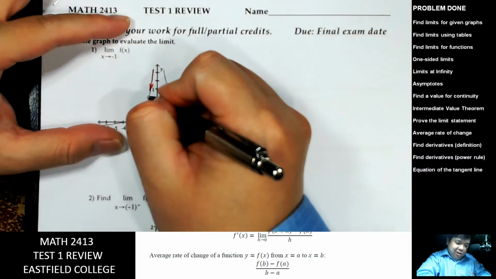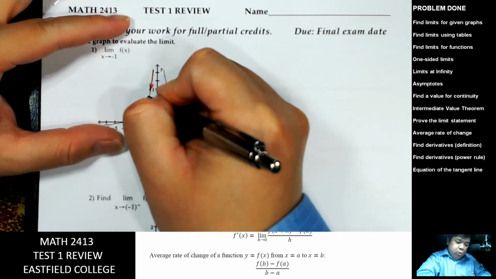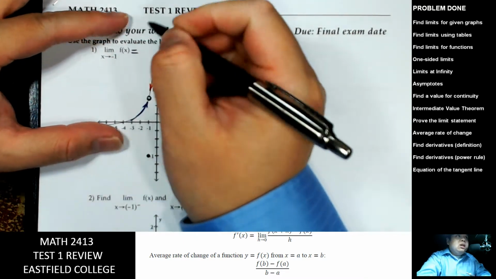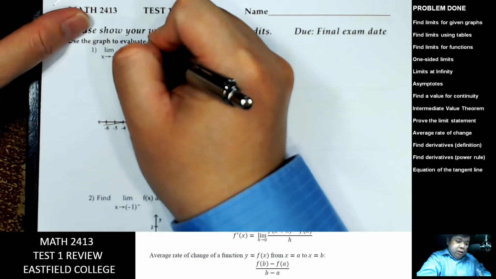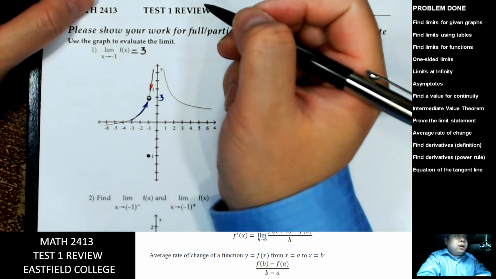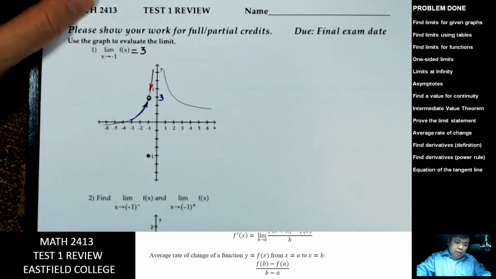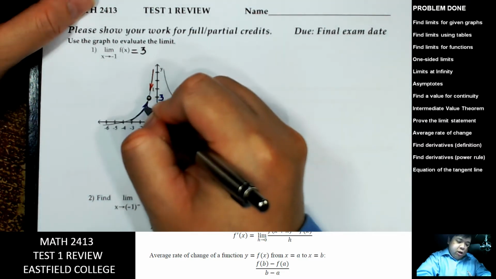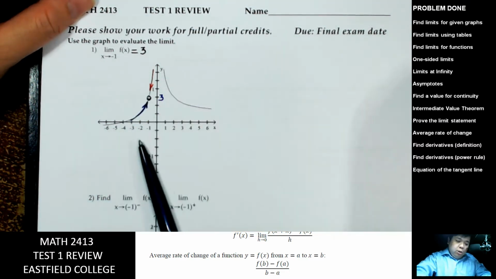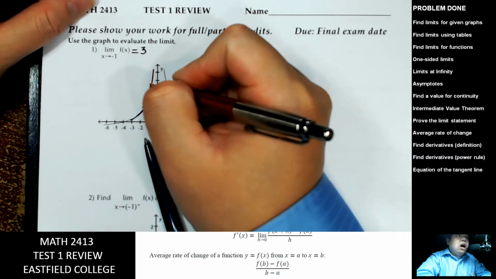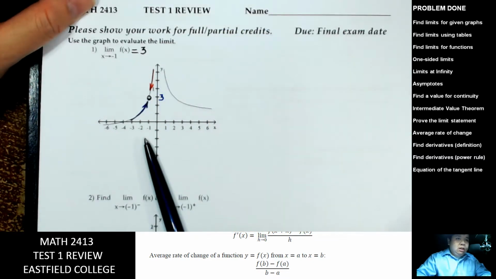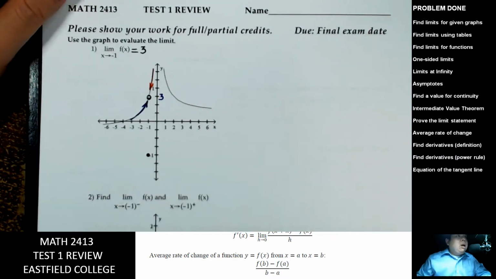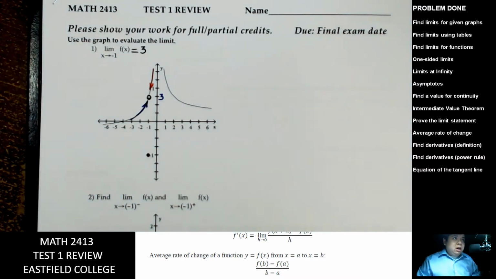So that will be the limit. It will approach this point, so we say the limit equals 3. When both sides go to the same point, that will be the limit. Right. I'll go to the second one.